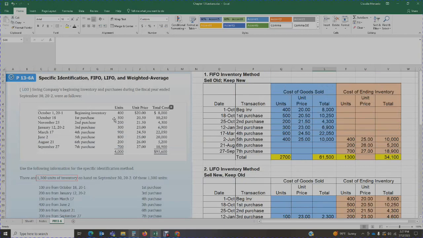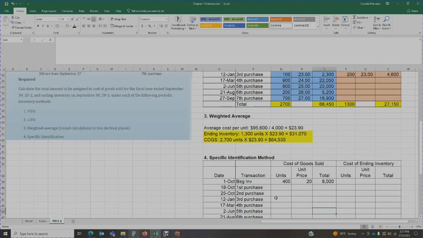On October the 18th, we purchased 500 units, and according to the problem, we have 100 remaining from that purchase. So if we had 500 and we still have 100 in hand, that means we must have sold 400. So we sold 400 at $20.50, and we kept 100 at $20.50.